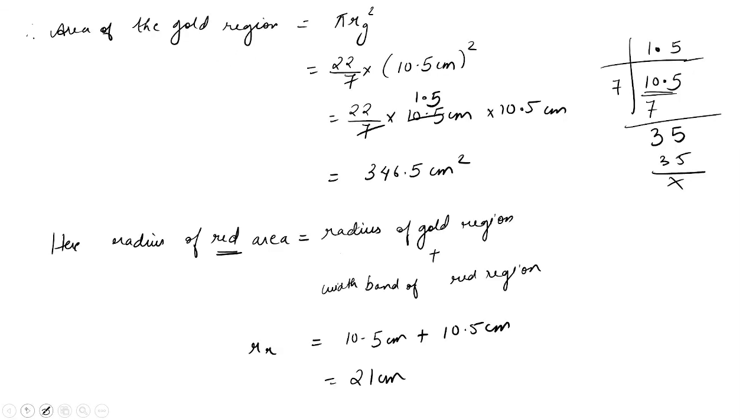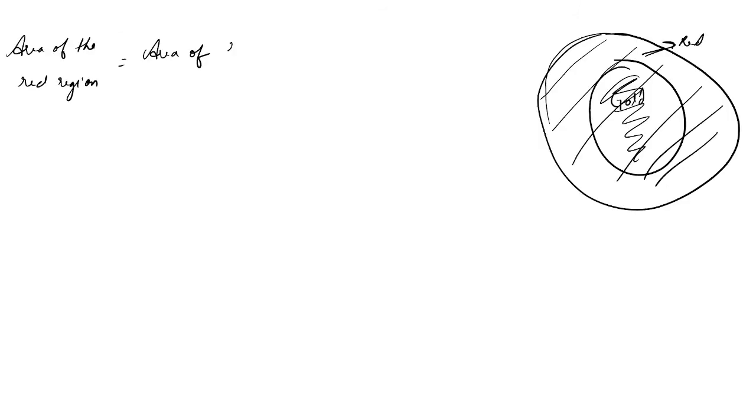So you can write, area of the red region is equal to area of the red area minus area of gold region.